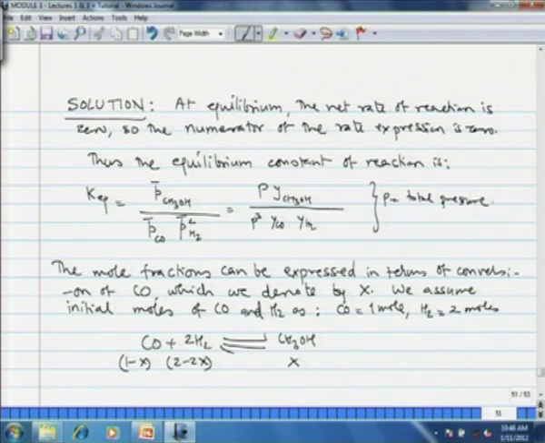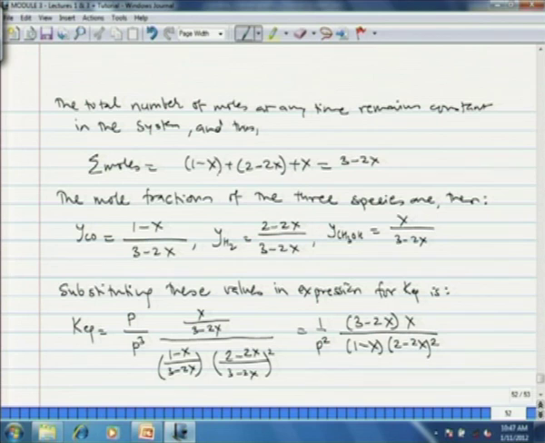So, CO after conversion of X moles, the moles of CO that remain is 1 minus X, then similarly for H2 2 minus 2X and CH3OH X. Now, since this is an equilibrium limited reaction, the total moles change with conversion. So, the total moles in the system are 1 minus X plus 2 minus 2X plus X, carbon monoxide, hydrogen, methanol, that is 3 minus 2X.